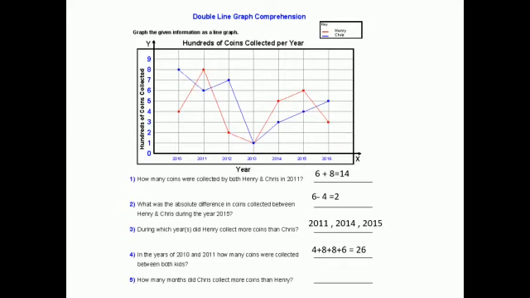In which years did Chris collect more coins than Harry? Chris means the blue line. Where is the blue line going up? 2010, 2012 and the last one, 2016. This is the way you read from the double line graph.